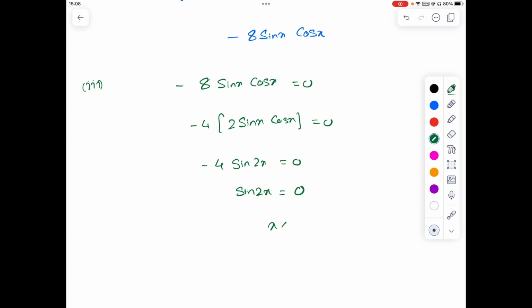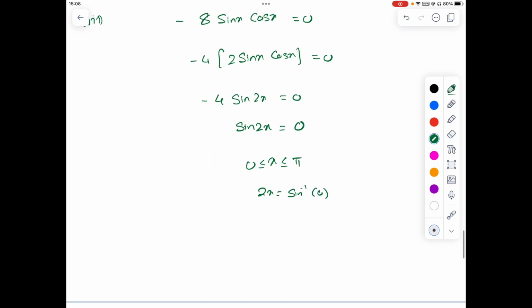But again, x lies between 0 and pi. Now I have to get the values from sin 2x. So 2x equals sin inverse of 0. Now it is in the first and second quadrant.